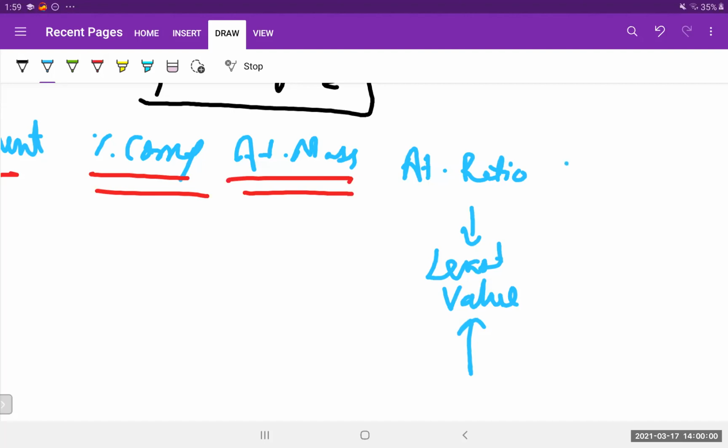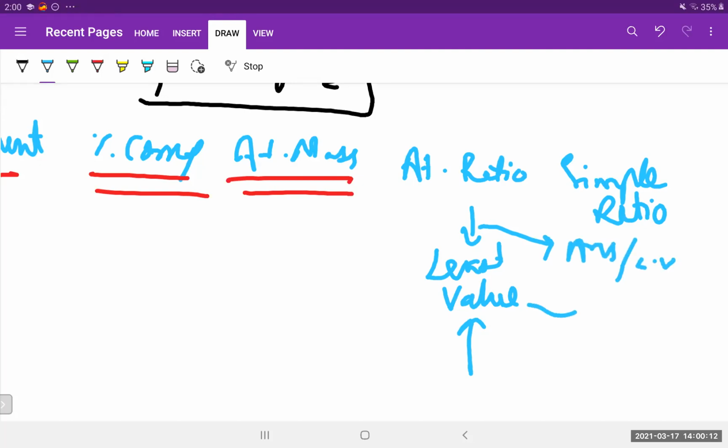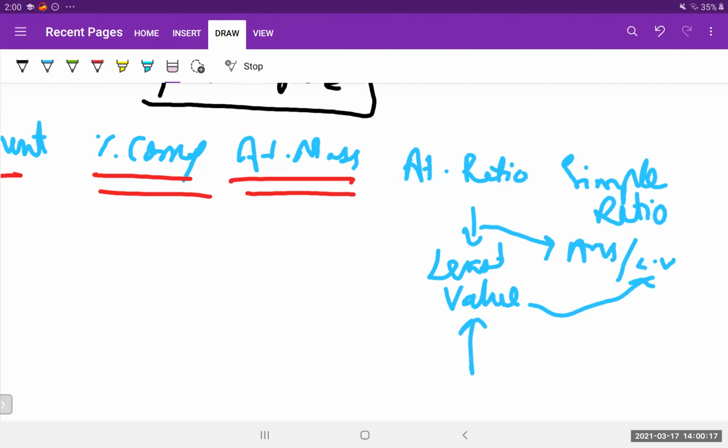And in the simple ratio section, we'll divide the answer of this by the least value. Understood? That was a summary of the table.